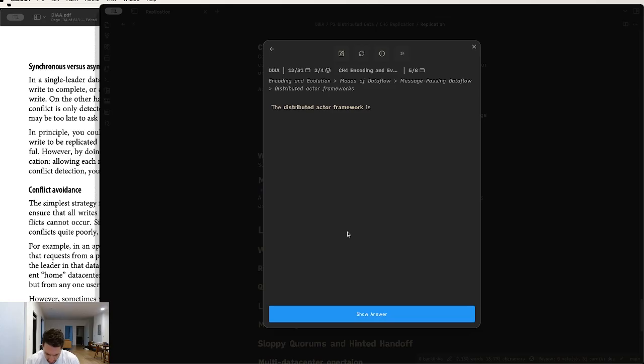A distributed actor framework is the actor model, but applied to distributed systems. It's how we might scale them, and each service is acting on its own, similar to the actor model.